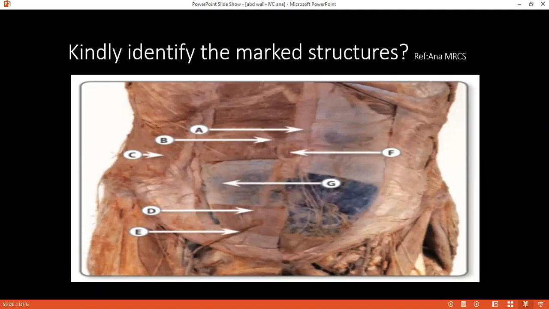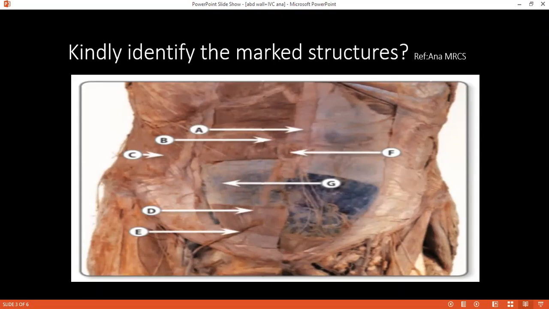What is the origin and insertion of rectus abdominis muscle? Ma'am, it runs from the subcostal line to the pubic symphysis.